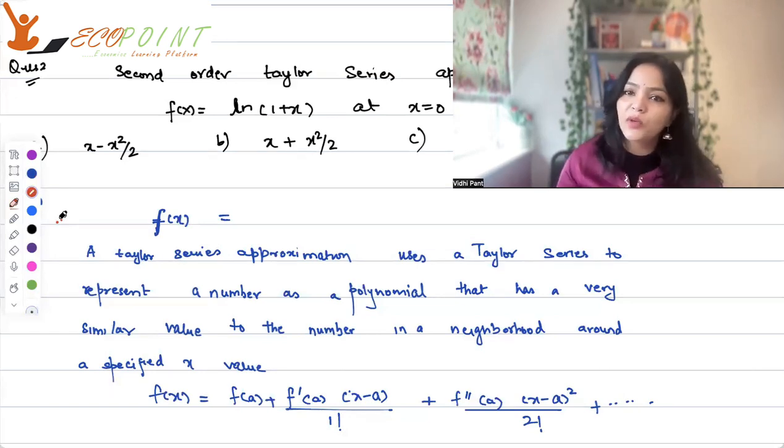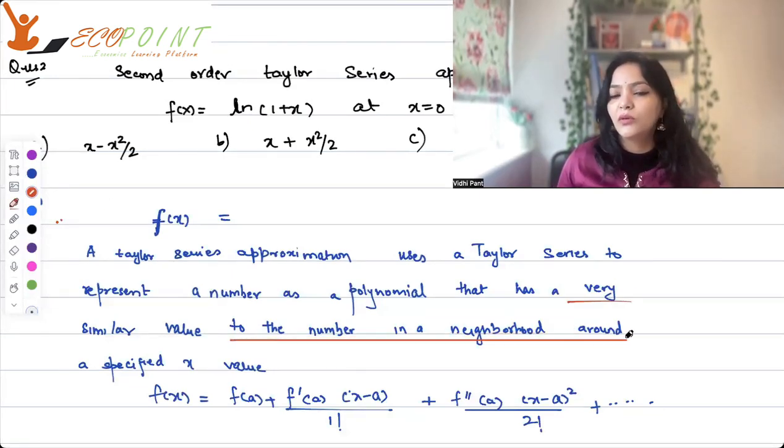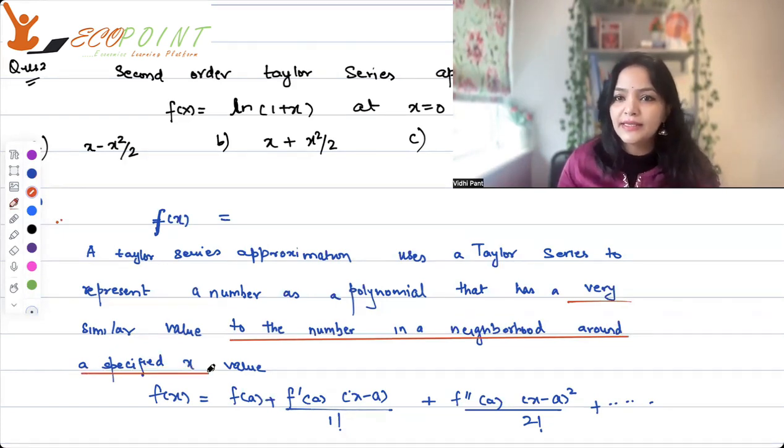A Taylor series approximation basically uses a Taylor series to represent a number as a polynomial that has a very similar value to the number in a neighborhood around a specified x. So suppose the specified x is a.